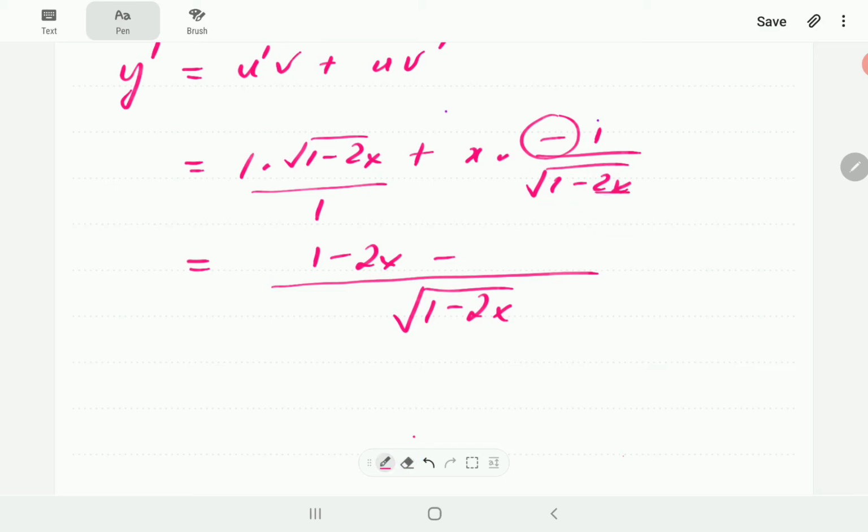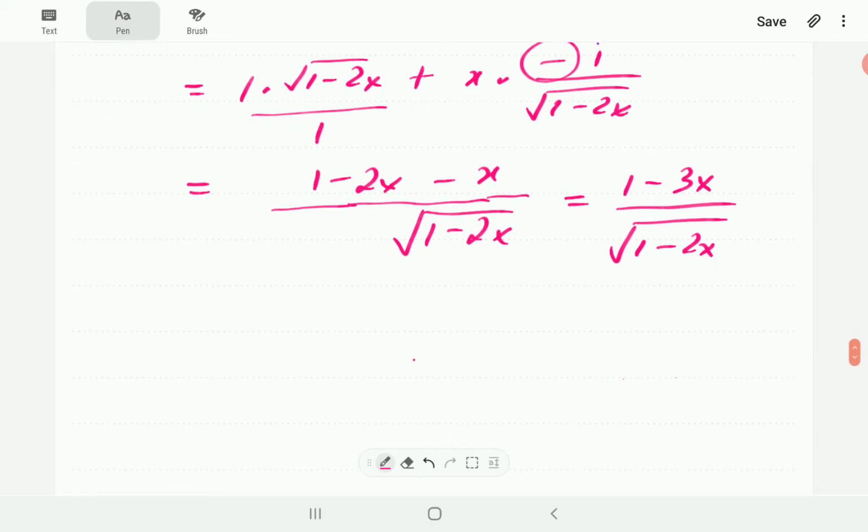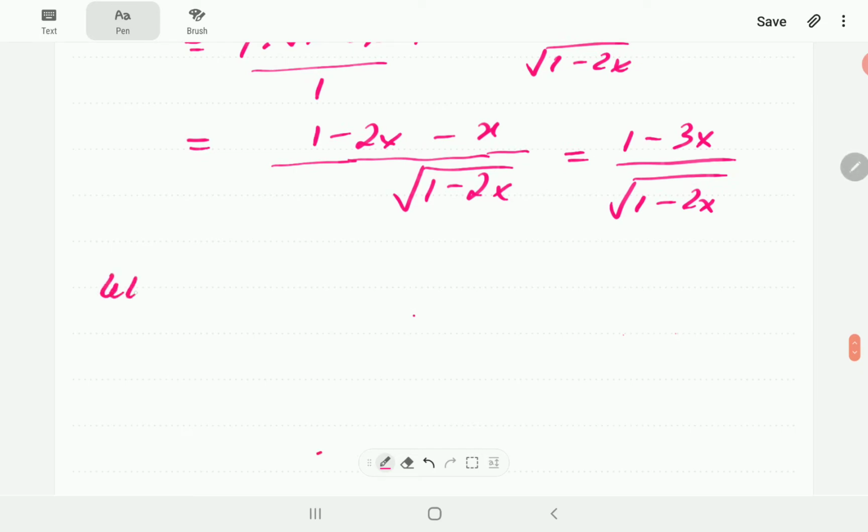Then this goes into this once, so it's going to be 1 times x. So in the numerator we're just going to have 1 minus 3x, and in the denominator we're going to have that. Okay, so that means we're now going to have to use the quotient rule for the second order derivative.